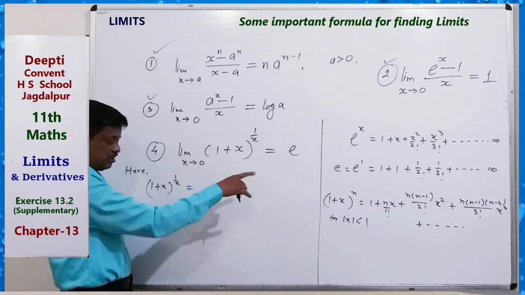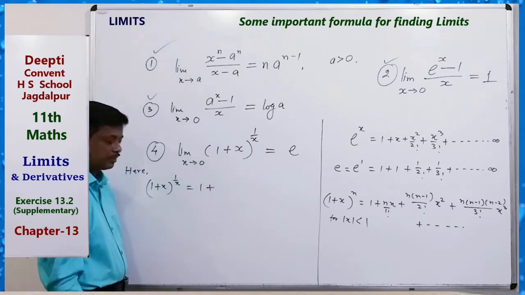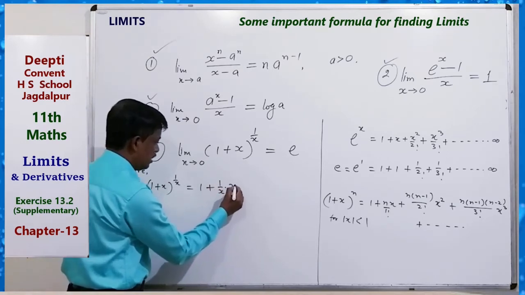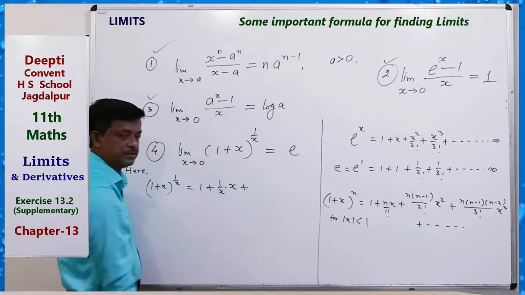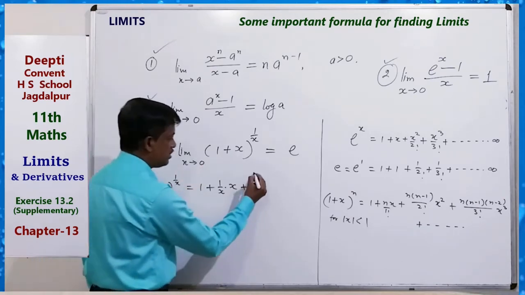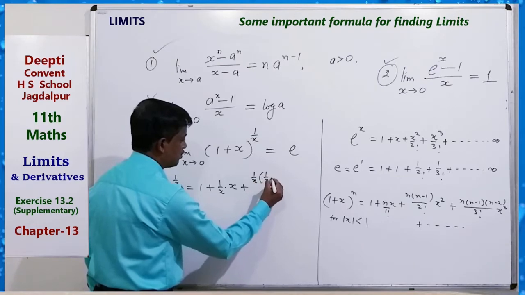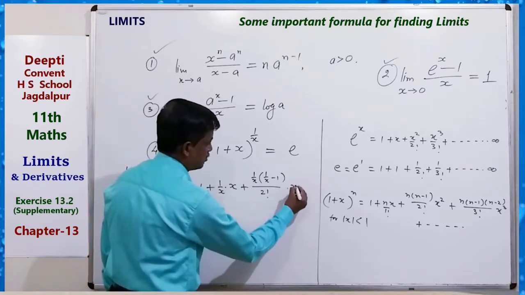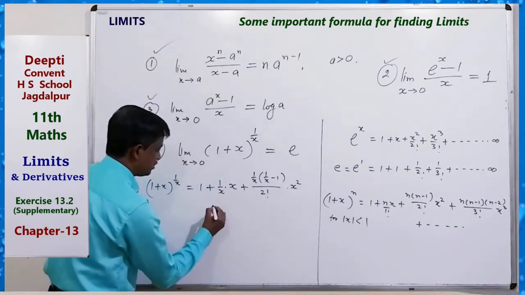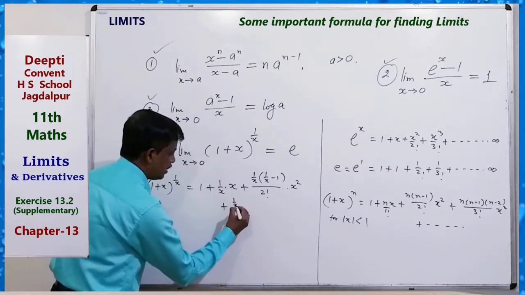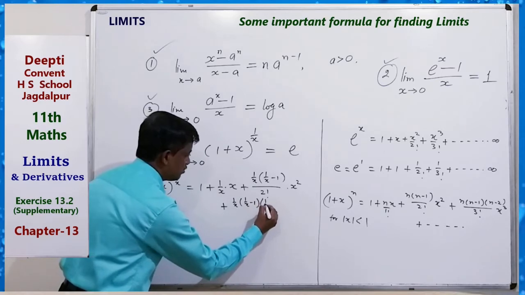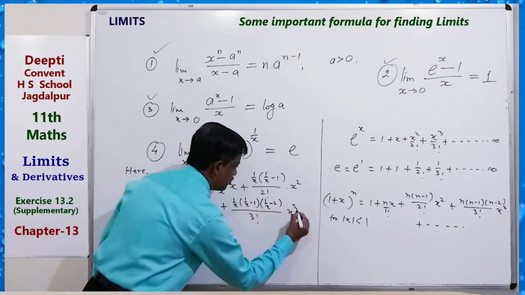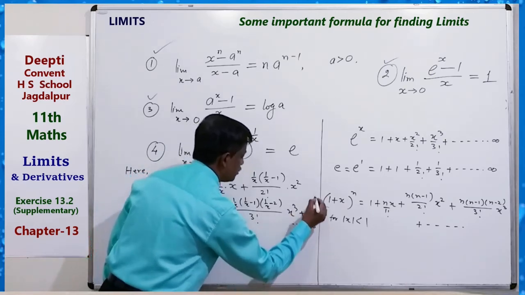Just use this formula: 1 plus n into x, that is 1 by x into x, plus n minus 1, where n means 1 by x, minus 1, upon 2 factorial into x square, plus n minus 1 n minus 2 upon 3 factorial x cube, just like this we get.